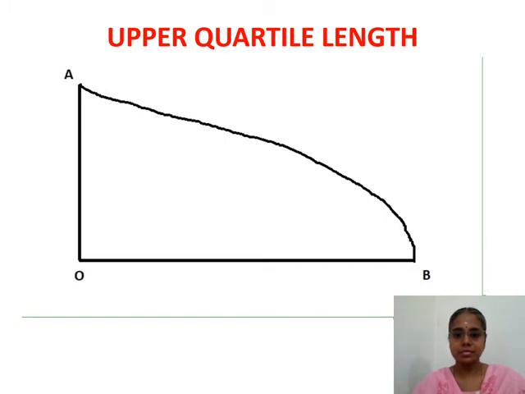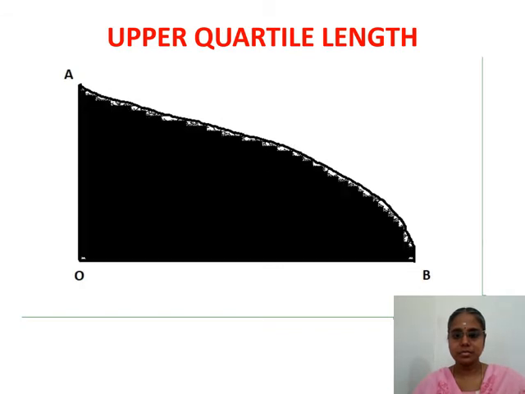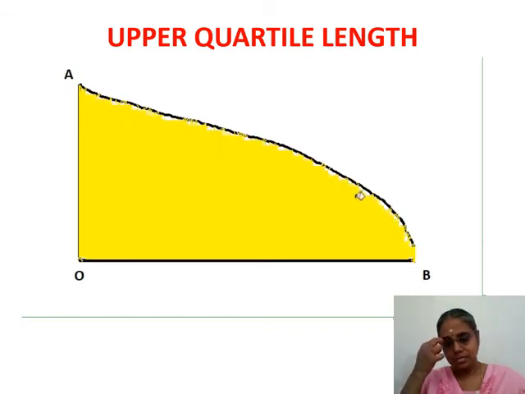Now let us try to understand the same with this diagram. So we have the total weight here of all the fibers as X. So this yellow color shows the total weight of all the fibers. Now we divide this into top 1 by 4 and bottom 3 by 4.